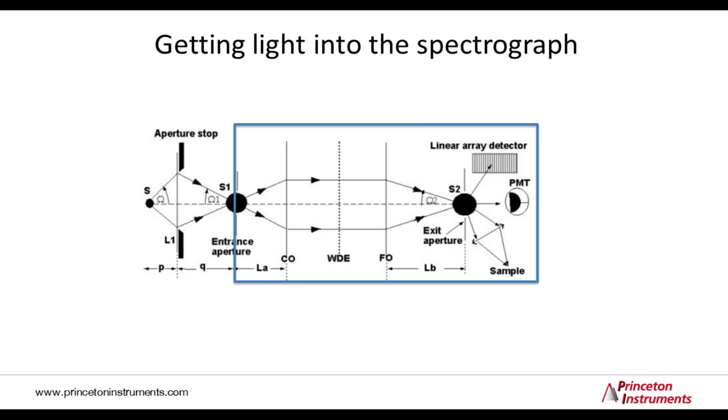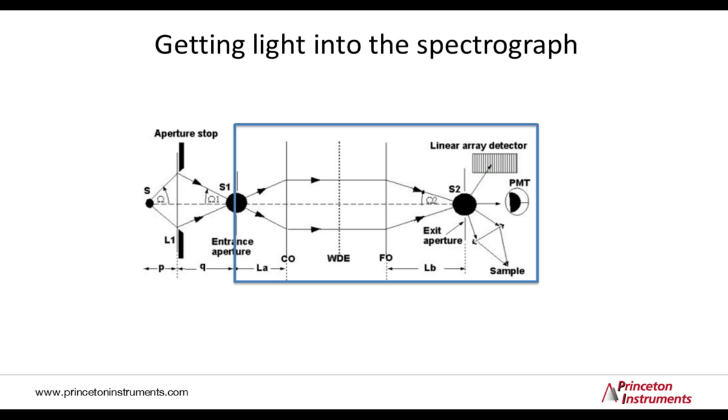The basic question that we often get asked is how we get light into a spectrograph. This complex image is taken from a paper called Imaging Spectrometer Fundamentals for Researchers in the Biosciences by Jeremy Lerner. It shows the illumination and imaging train of a spectroscopy system. The parts that are within the spectrograph are within the blue frame.